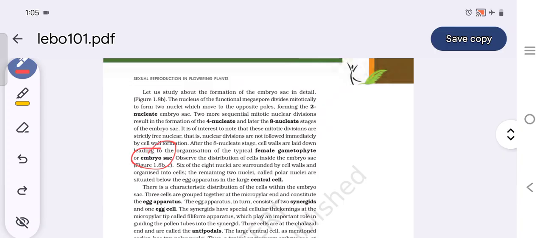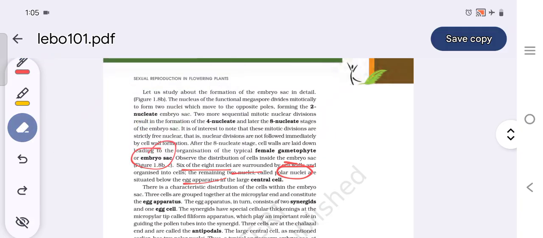Now here, next what happens is 6 of these 8 nuclei would be surrounded by cell walls and properly developed into cells. The remaining 2 nuclei are called the polar nuclei, which are situated below the egg apparatus.